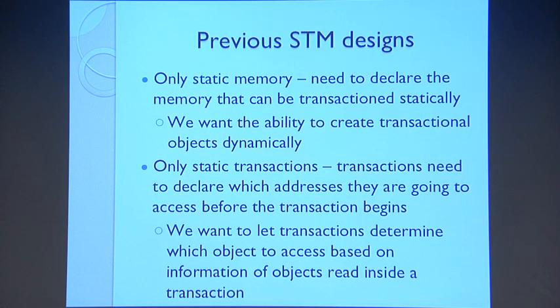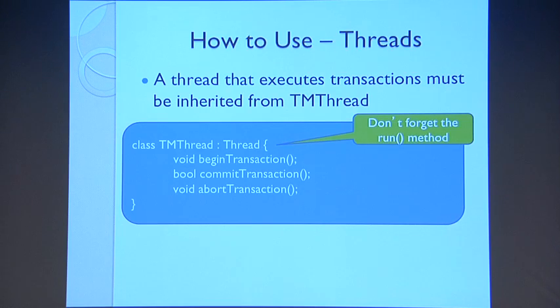The previous STM designs, as we talked about, were only static in memory and static in transactions, in that they needed to declare which addresses they were going to access, and they wanted to avoid that. So before I go into the details of how they implemented it, I will show you how to use their transactional memory. This example is in Java, but if you don't know Java, don't worry about it.